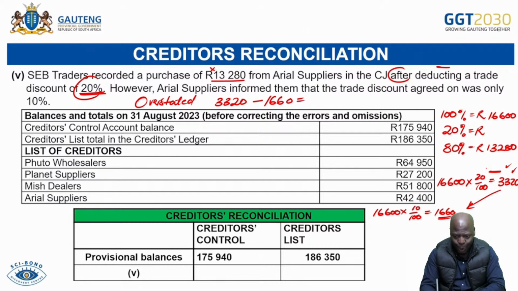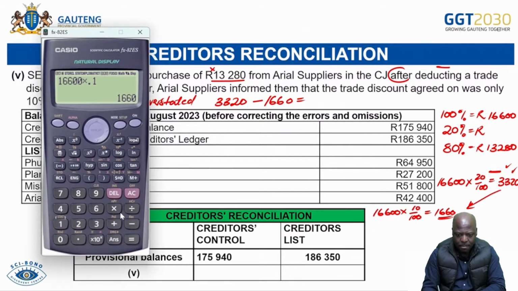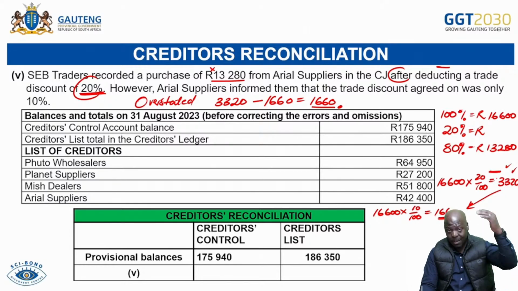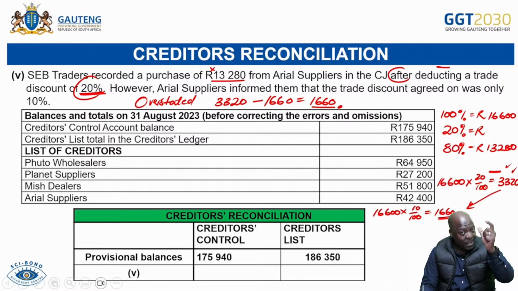So I say 3,320 minus 1,660. That gives me 1,660. Because the sign we had used initially was a minus, and we overstated, once it's overstated, you get the difference and record it with the opposite sign.